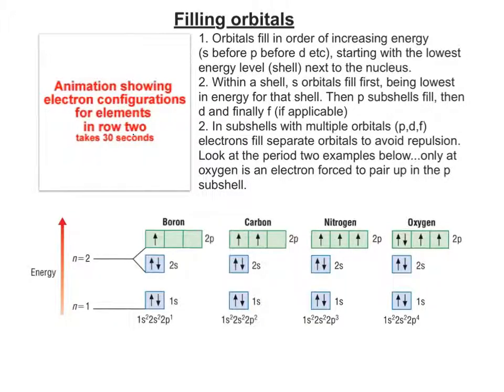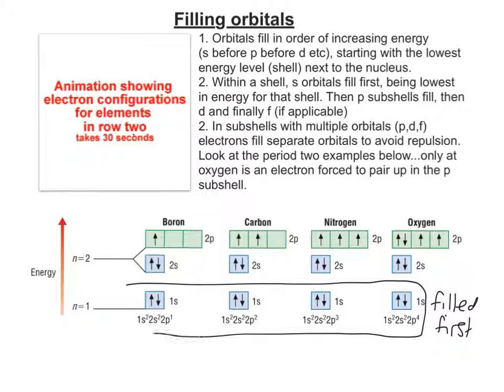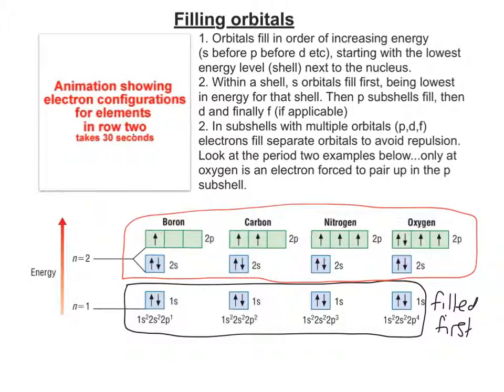So they fill in order of increasing energy. In other words, this is filled first. So this first shell, in each case, is filled initially, and then the second shell is filled. So this is shell 1, and this is shell 2.